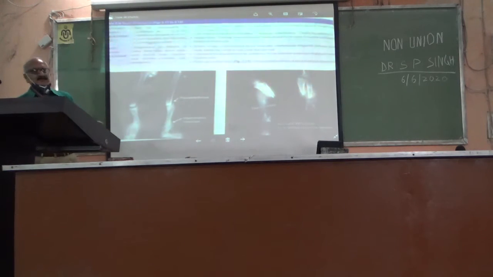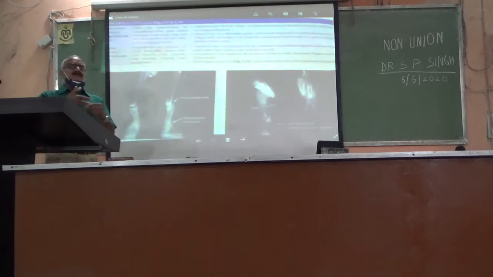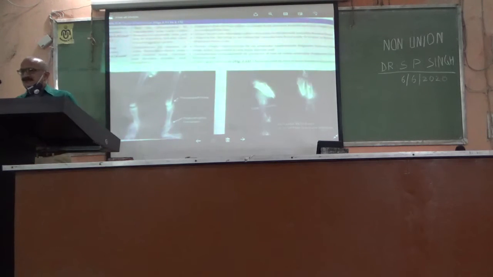So mind you, if you sum up all these etiopathogenetical factors, it comes under two broad headings. Either there is a mechanical factor responsible for non-union, or there is biological factor responsible for non-union.